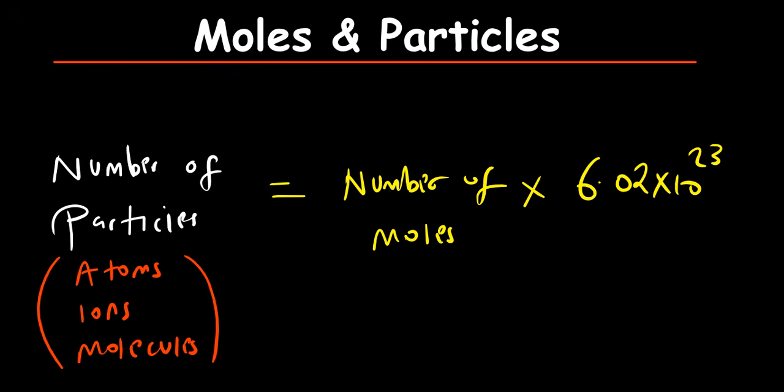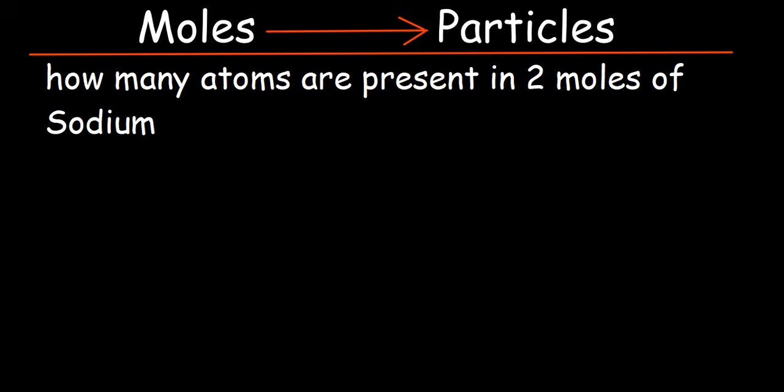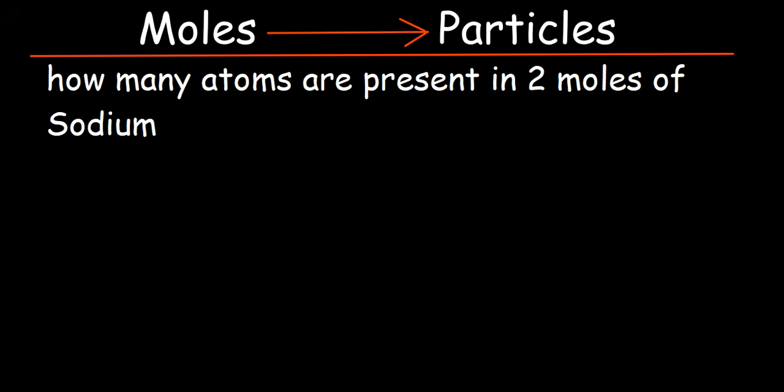Let's solve a question. In this question, how many atoms are present in 2 moles of sodium? So basically we have moles, now we are converting to particles. In this case, how many atoms, to be specific. If we look at this question, we have to identify what we've been given.